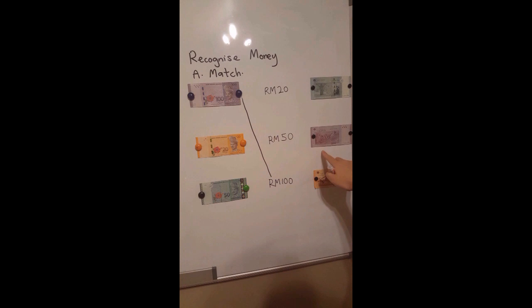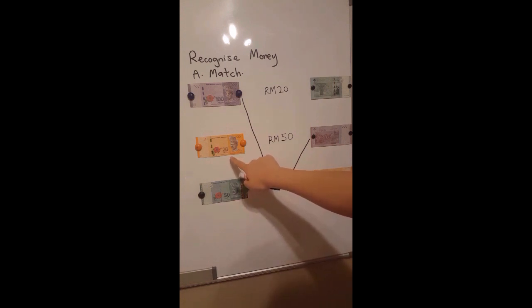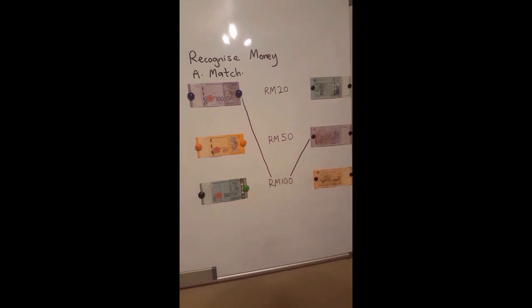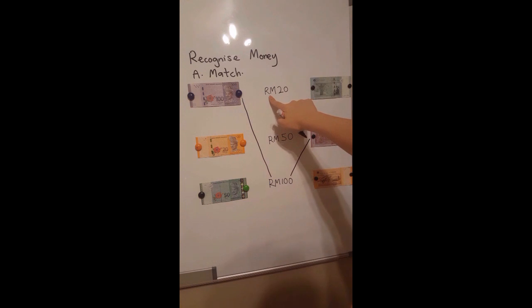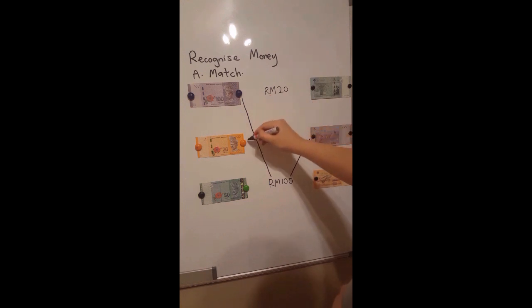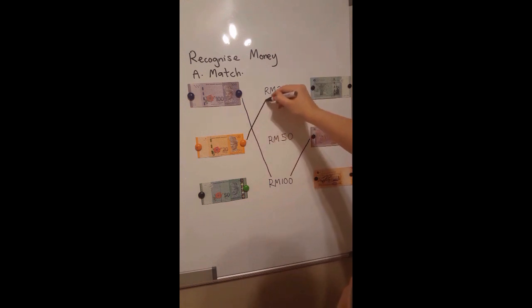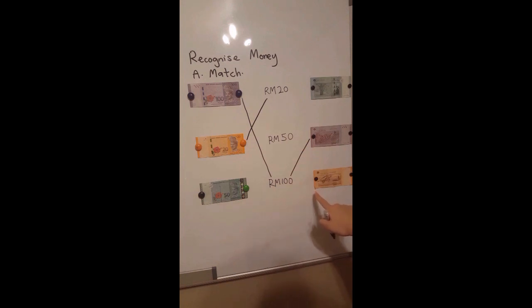The same goes for this. Now for the next one, we have 20 ringgit note, and I'm going to match this to RM 20. The same goes for this.